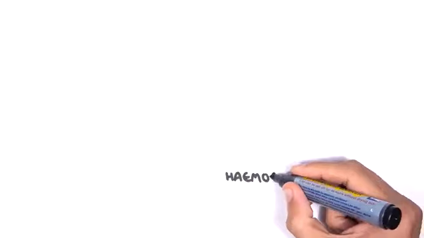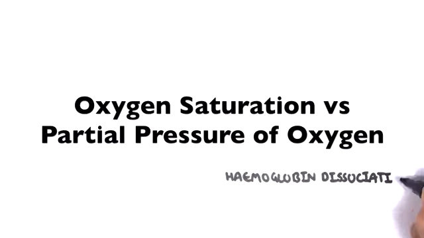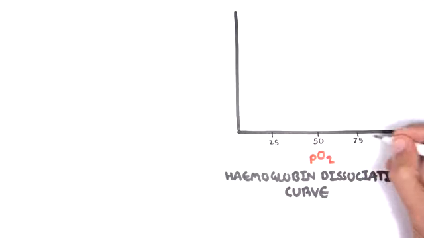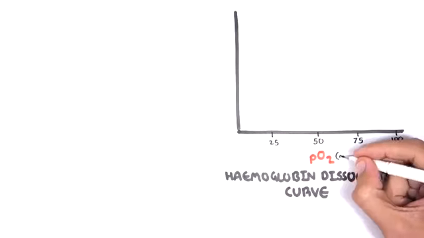The hemoglobin dissociation curve, or the oxygen hemoglobin dissociation curve, relates a percentage saturation of the oxygen carrying power of hemoglobin to the partial pressure of oxygen. Now that might sound crazy, but let's just try to understand it together.